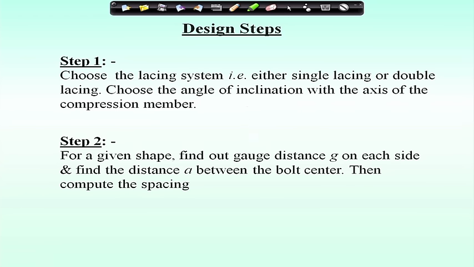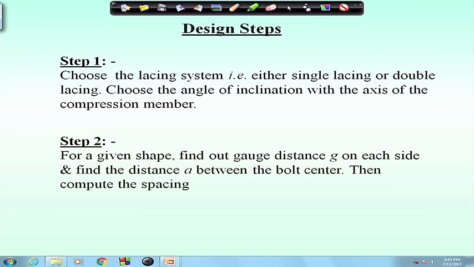So, first we will choose a lacing system, meaning either single lacing or double lacing, which we have to decide first, because the design procedure will be entirely changed for single lacing and double lacing.